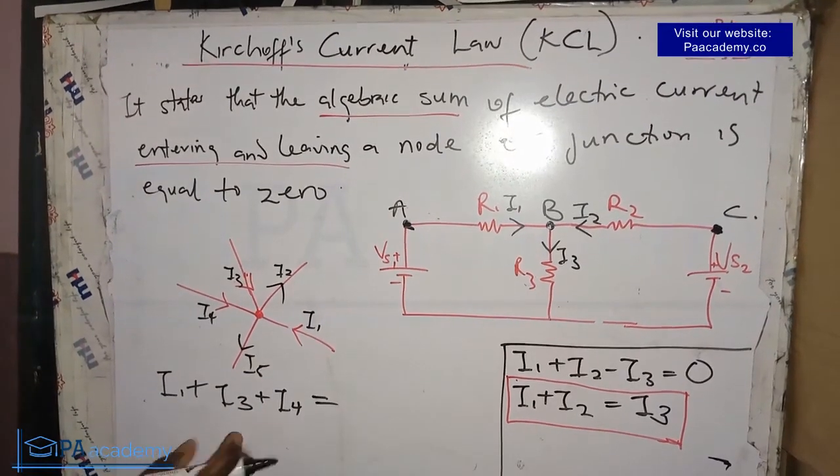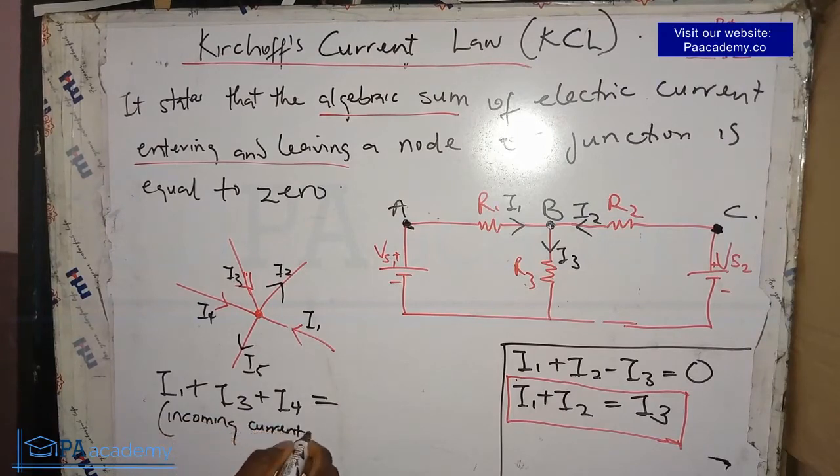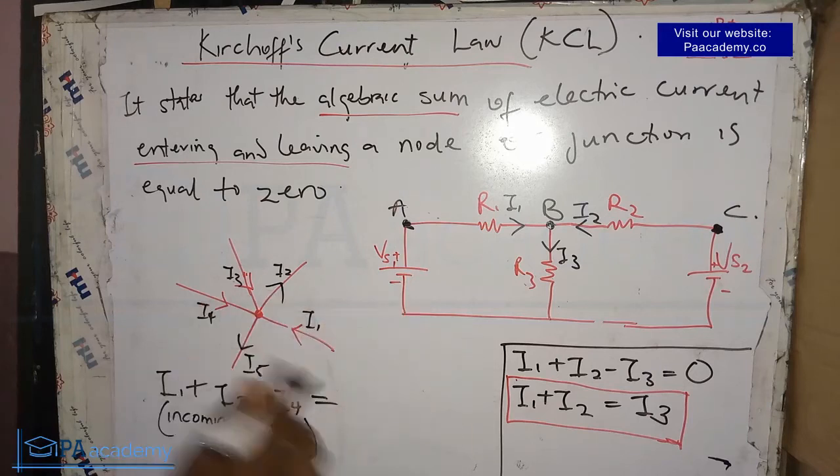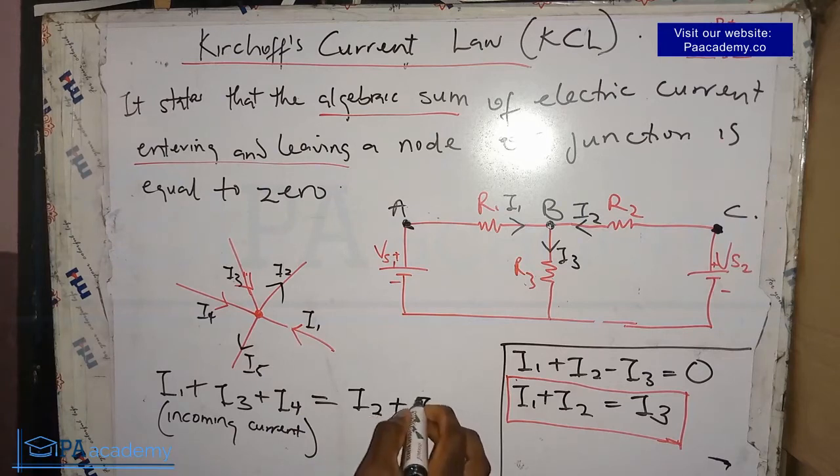It is equal to the sum of the outgoing current, which is I2 plus I5. That is the outgoing current.